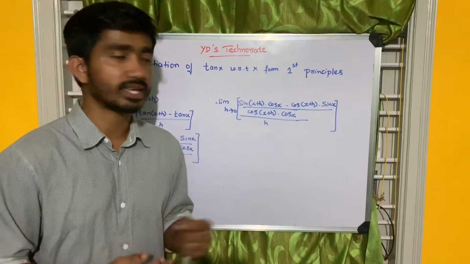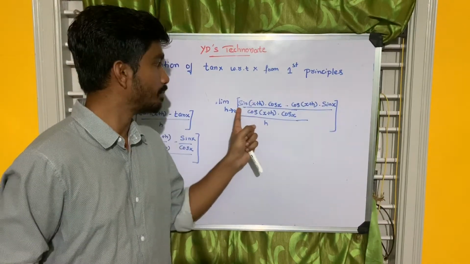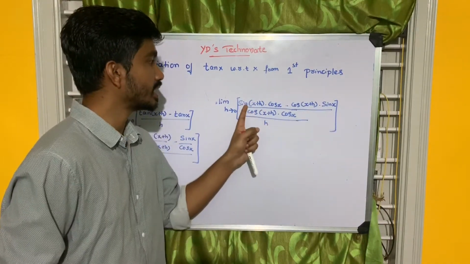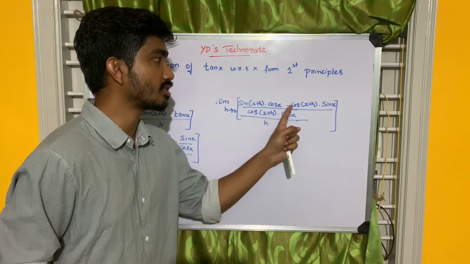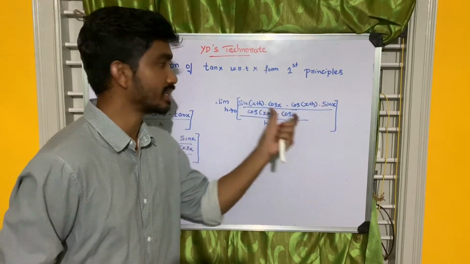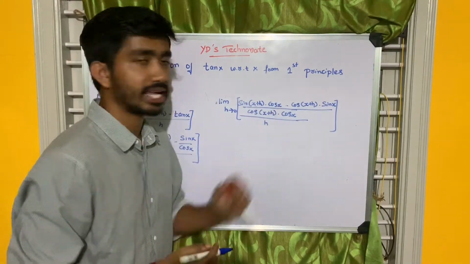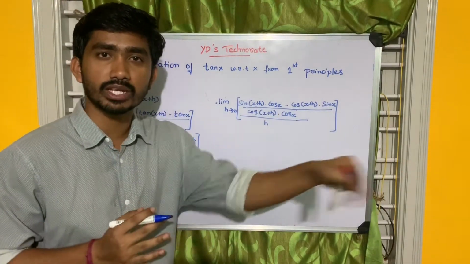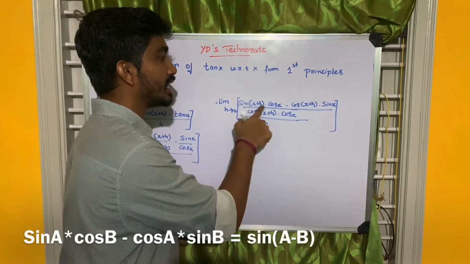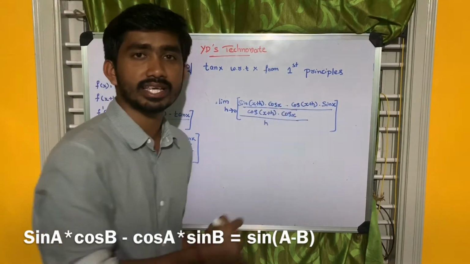One more thing, if you carefully observe the above numerator, sin of x plus h into cos x minus cos of x plus h into sin x. If I consider x plus h as a and x as b, just read out the numerator again: sin a cos b minus cos a sin b.